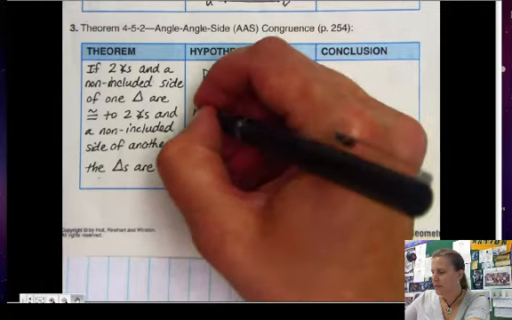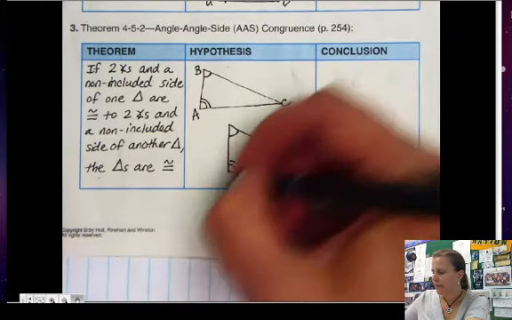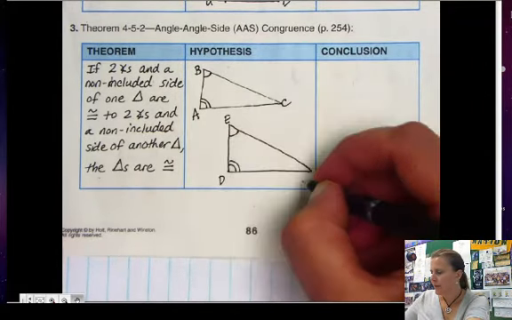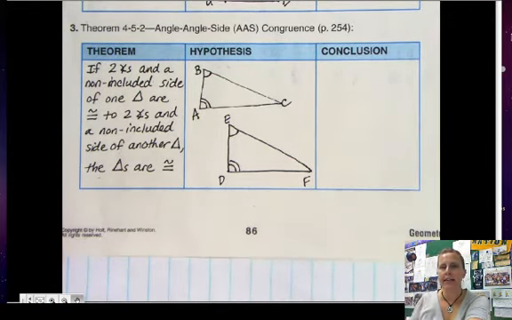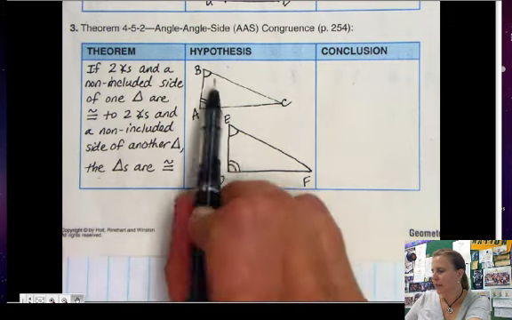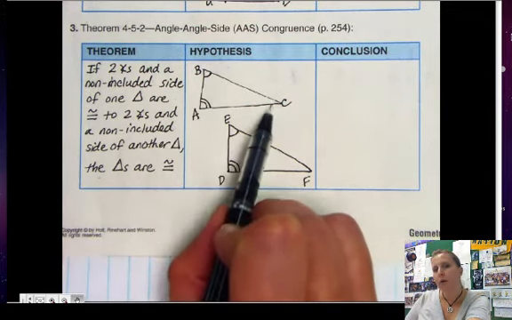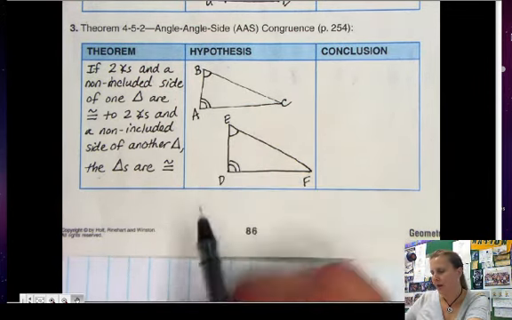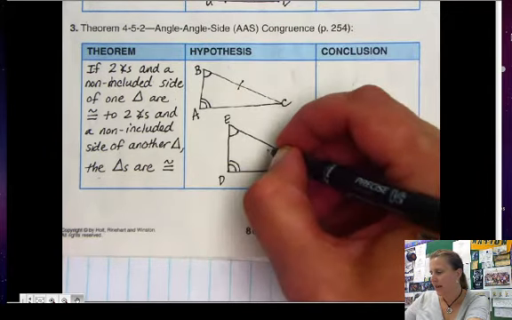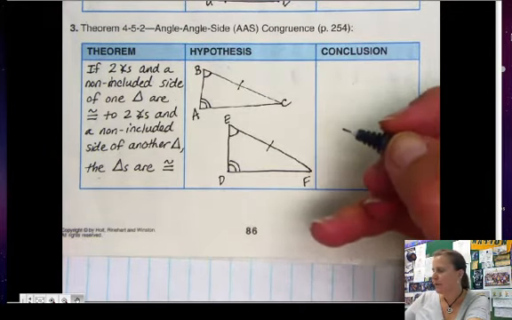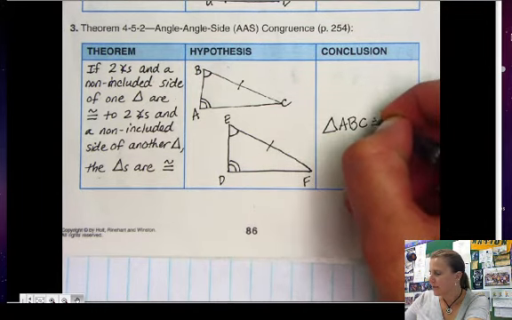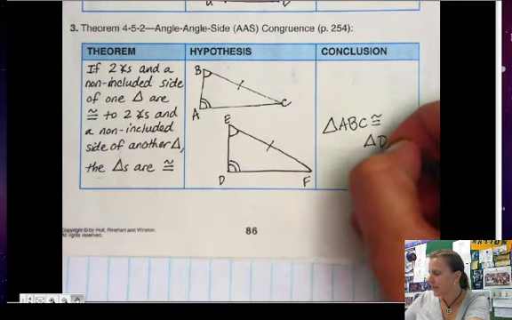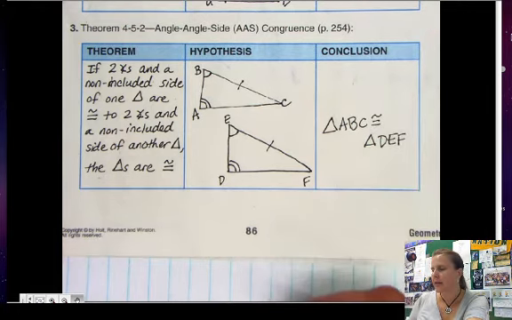And let's name these ABC and DEF. Okay, so now I need a non-included side, and it does not matter which side I choose. I could either have BC or I could have AC. I'll go ahead and choose BC and EF are congruent. Therefore, triangle ABC is congruent to triangle DEF because of angle, angle, side.